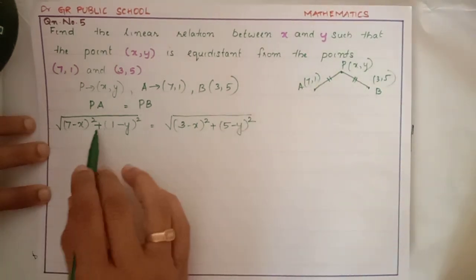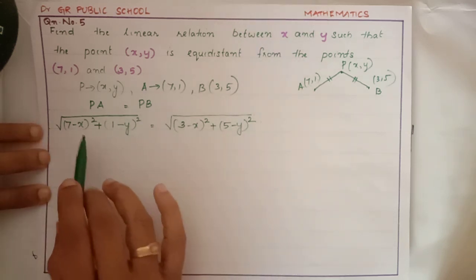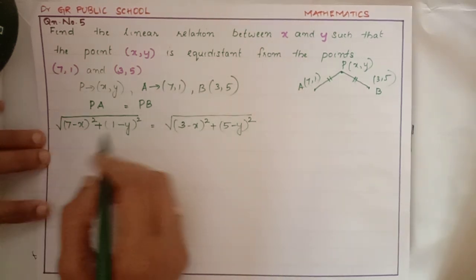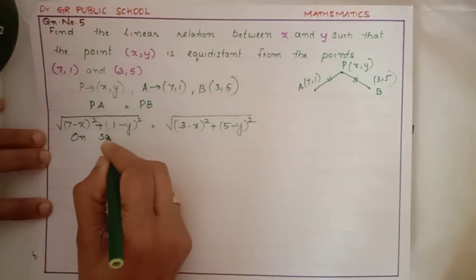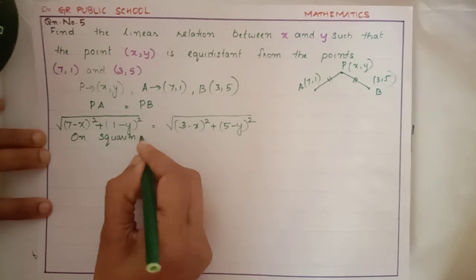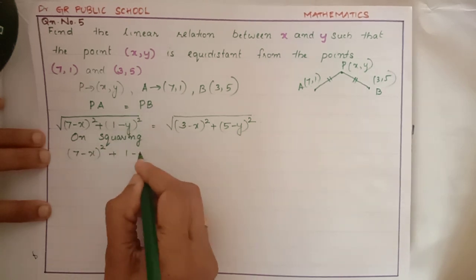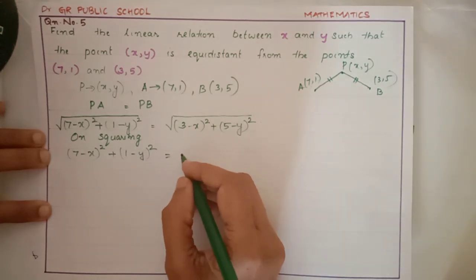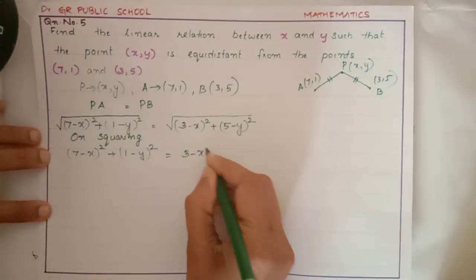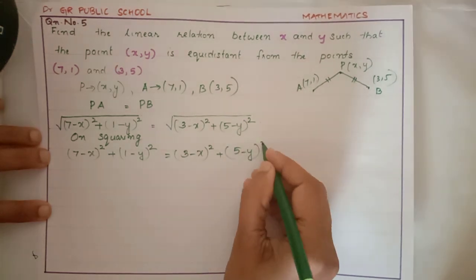Okay children, now what is the next step? You know, because we have discussed 2 or 3 problems. We have to remove that square root symbol, so we square. On squaring, the square root will vanish. What is remaining? (7 minus x) the whole square plus (1 minus y) the whole square equal to (3 minus x) the whole square plus (5 minus y) the whole square.